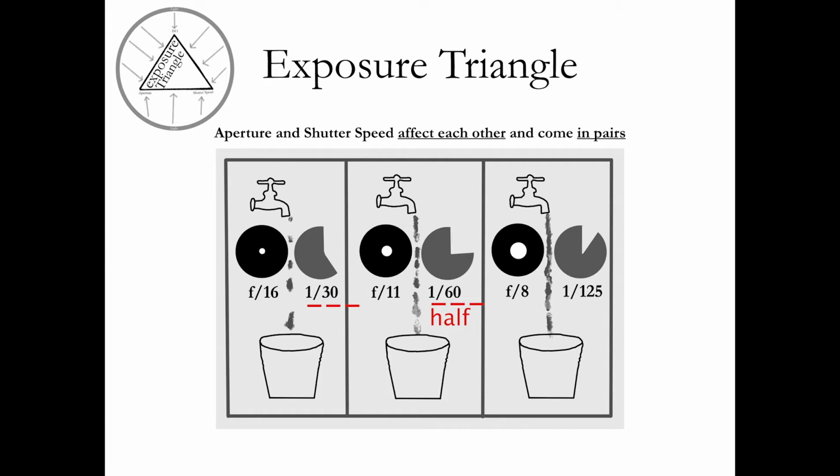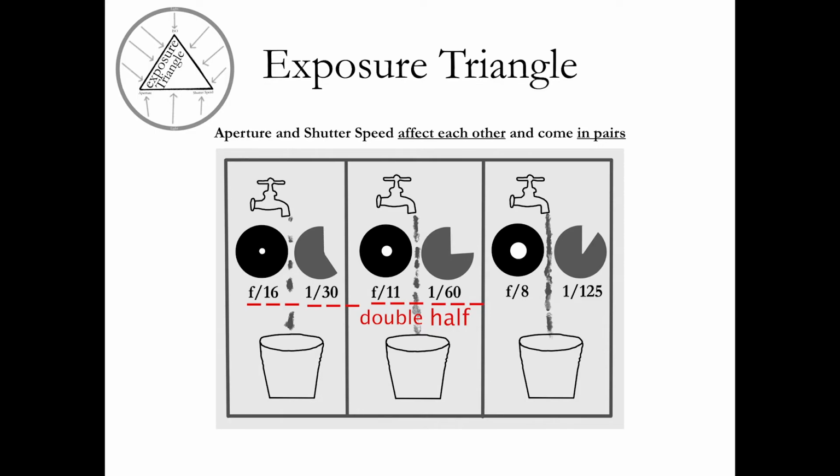This means we need to double the amount of light coming through the aperture opening to create the same exposure of light. So we've changed the aperture from f16 to f11, 1 full stop bigger, and so double the amount of light is coming in through the lens to compensate for half the amount of light from our shutter.